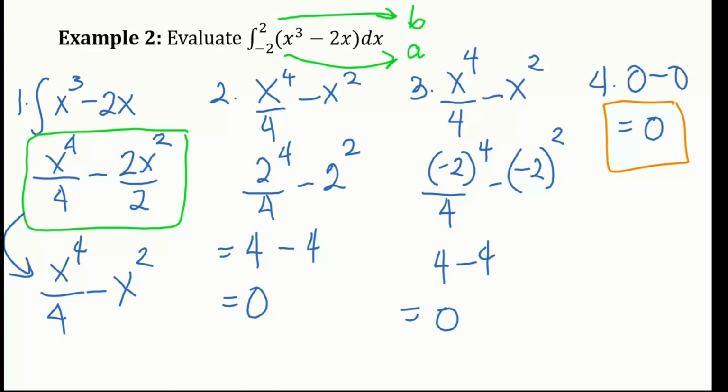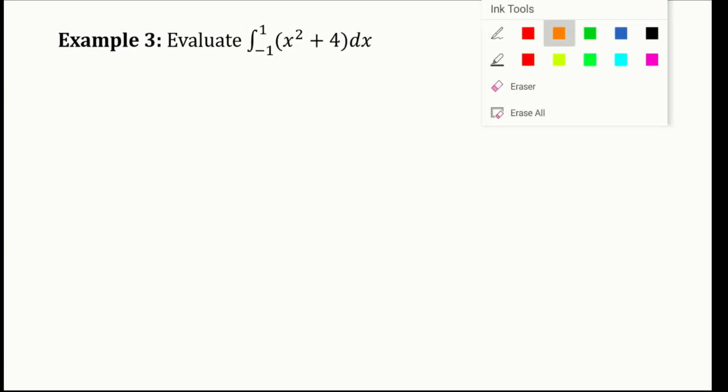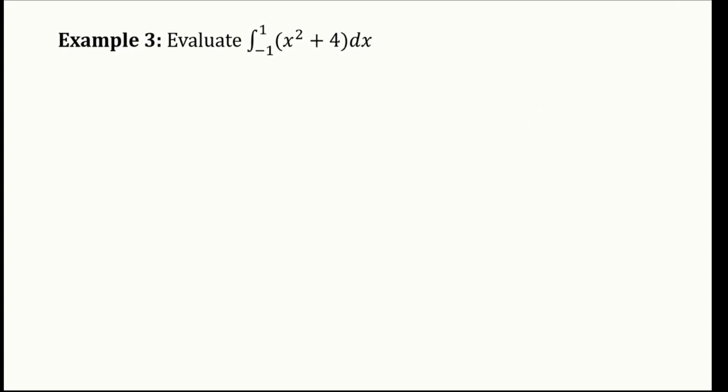Now let's proceed with example number 3, and this time we will be evaluating x squared plus 4 from negative 1 to positive 1. Still, we are going to perform our four steps as provided to us by the fundamental theorem of calculus.